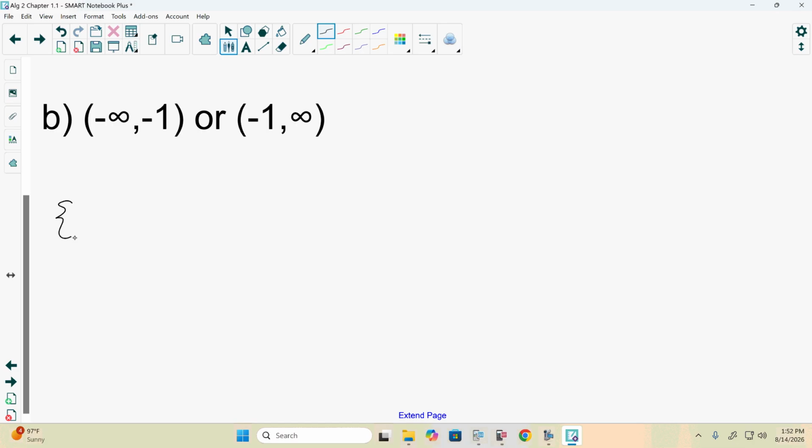Because when we talk about an interval, we're talking about all the numbers that are less than negative 1 or all the numbers that are greater than negative 1. So since it's not technically specifying, what it's telling us is all real numbers, which is nice for set builder because we're going brace x bar, the set of all real numbers, such that. Now we need to fill it in.